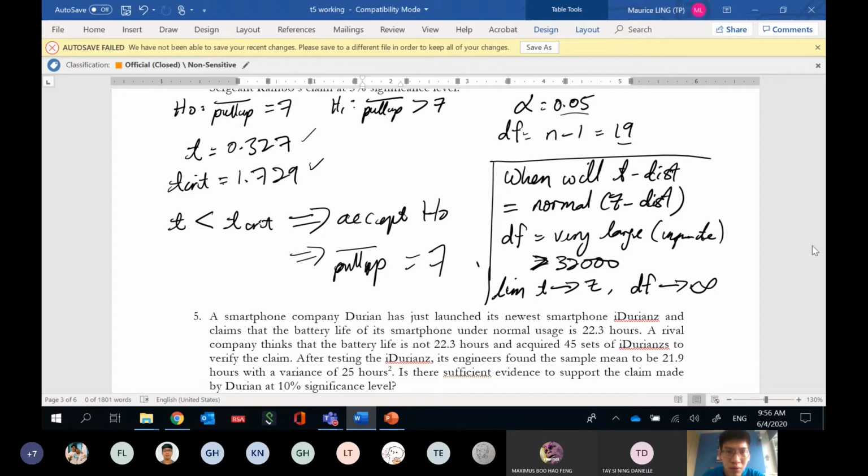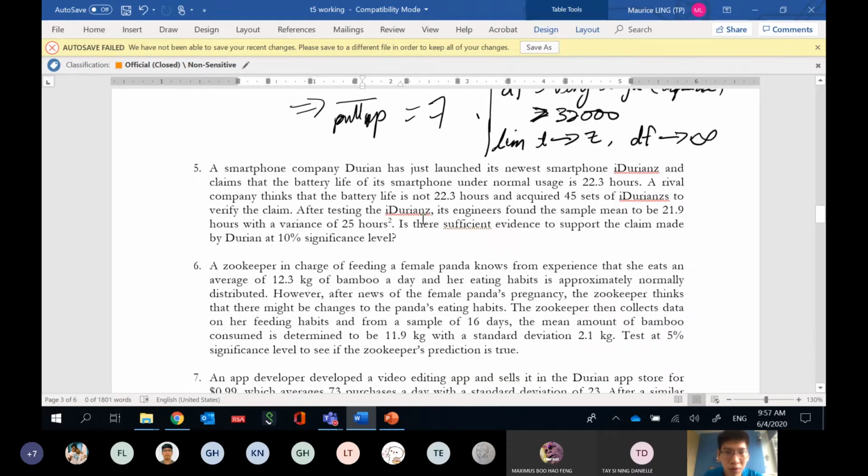That's it. But that's why, last week I told you that you have to know your normal distribution or Z distribution very well, because the T distribution is using the normal distribution, but it accounts for different sample sizes.